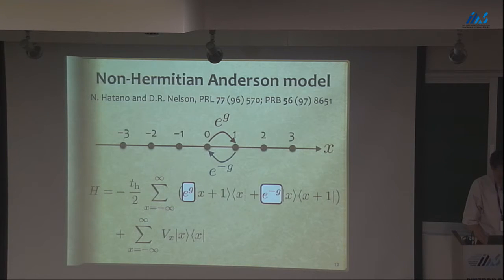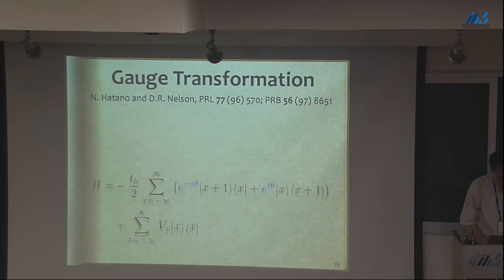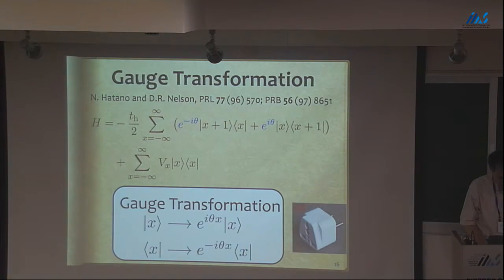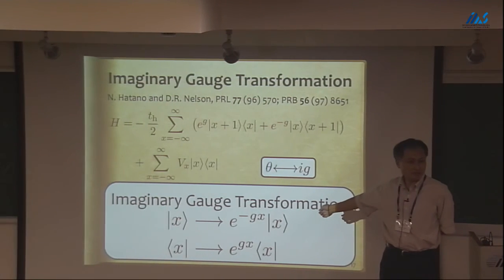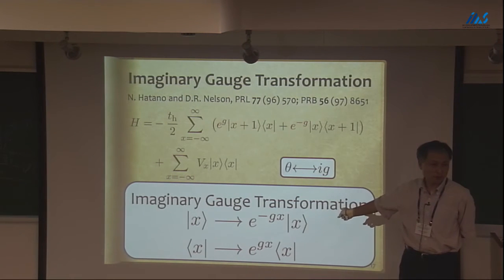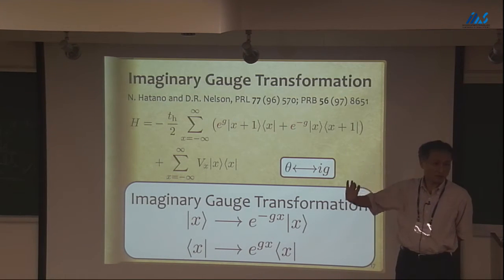What you say about this similarity transformation is exactly this. This is the similarity transformation that brings this Hamiltonian to a Hermitian one.